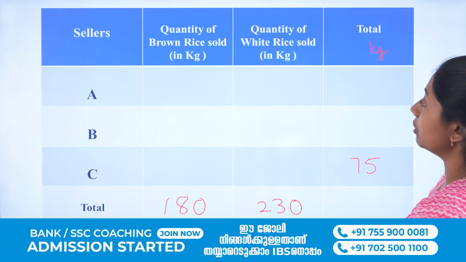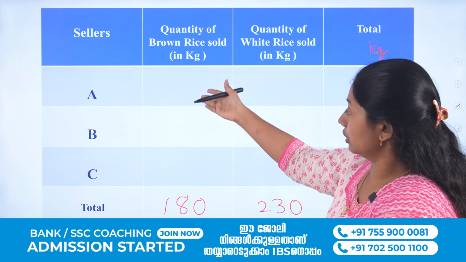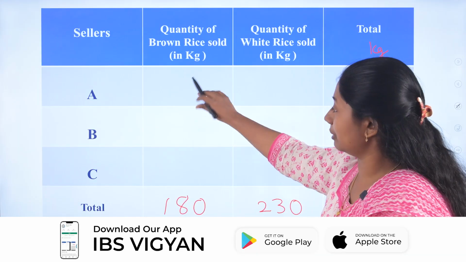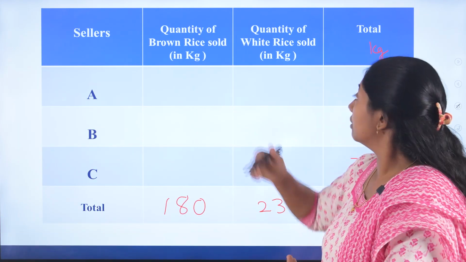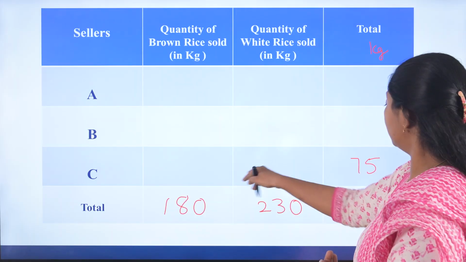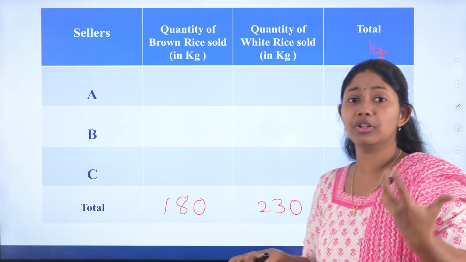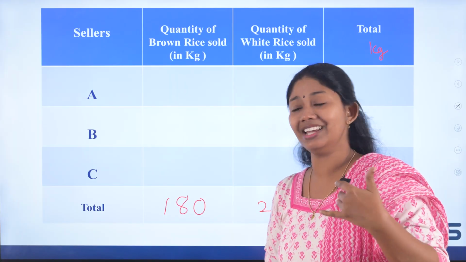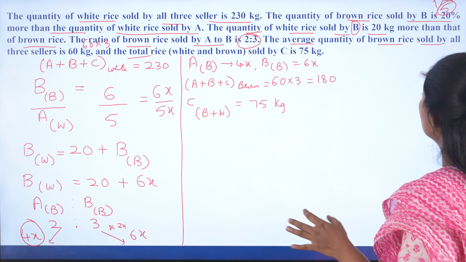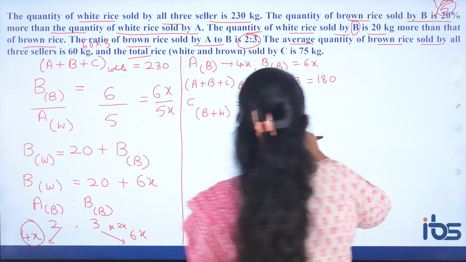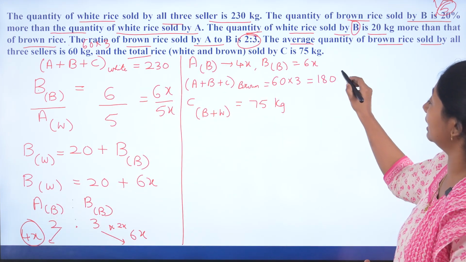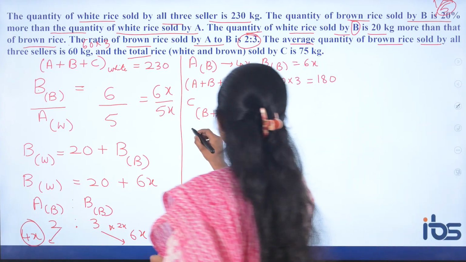So from this we know total brown rice. If we know these two brown rice, 180 minus A seller's brown and B seller's brown, we will get C seller's brown. From this, if we know C seller's white, we can equate and find out the value of X. So let me do it. We know A brown, B brown, and total brown is 180. So what is C brown?